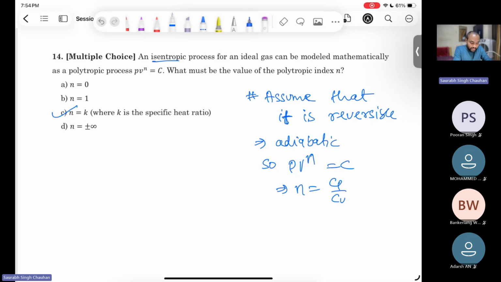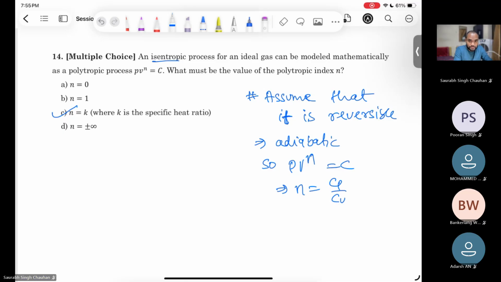So if you had entropy generation, then you can calculate what should be the heat loss, so that the entropy generated can be compensated with the entropy going out from the system. But you don't have the amount of irreversibility, you don't have the amount of entropy generated in the question.